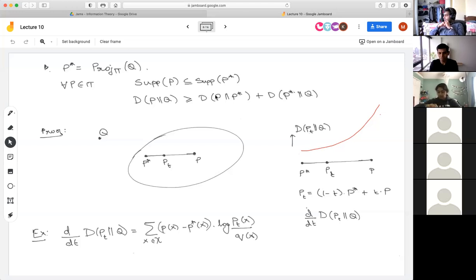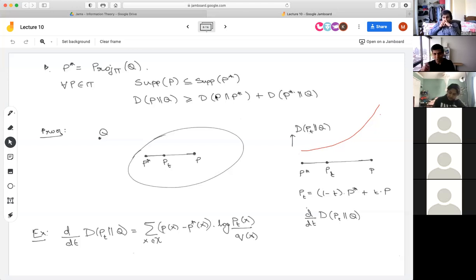Because of the graph I drew, you can see that the derivative should be non-negative. You can also see it by writing the limit version of the derivative. First, derivative with respect to what?